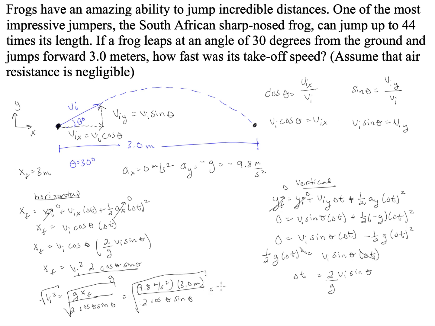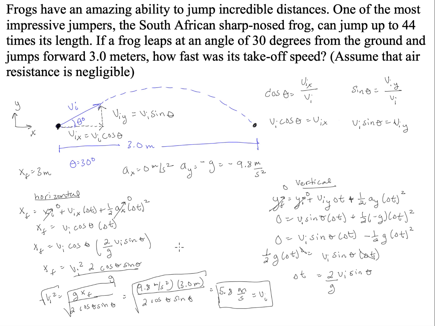And this gives us 5.8 meters per second. You know the unit is meters per second because on the numerator you have a meter squared times a meter squared divided by a second squared, and there's no units on the bottom. So the square root of meter squared over second squared is meters per second. So the initial velocity that the frog leapt with was 5.8 meters per second.